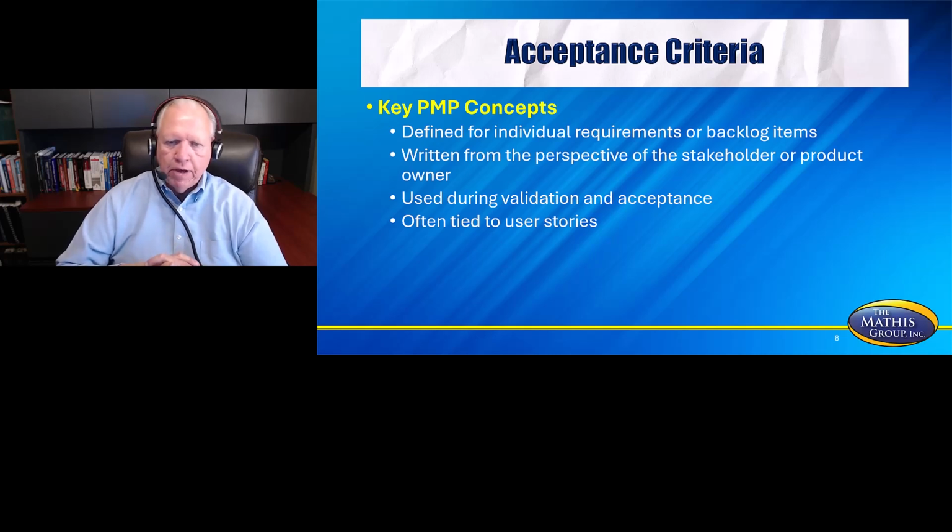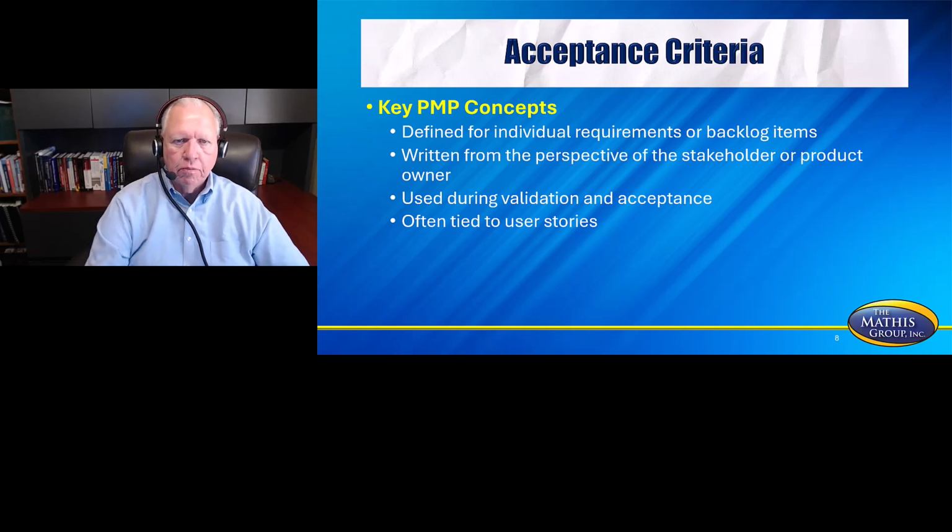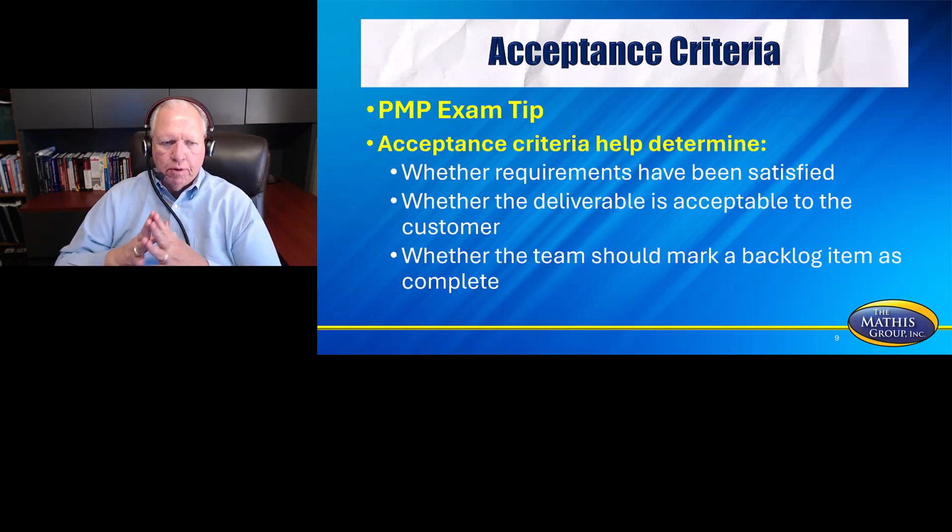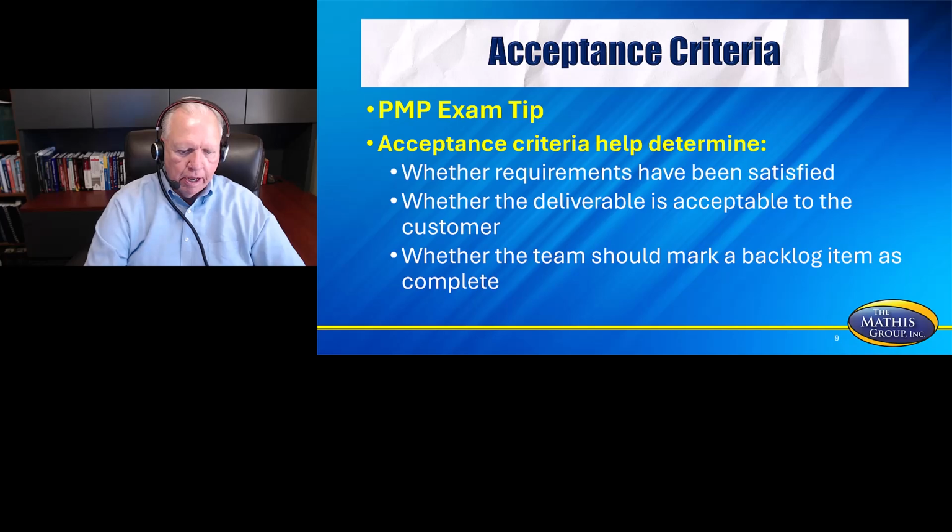It's used during validation and acceptance. It's often tied to user stories. On the PMP exam, a tip that would help you: acceptance criteria helps determine whether requirements have been satisfied, whether the deliverable is acceptable to that customer, and whether the team should mark a backlog item off as complete. So that's very common on the test.